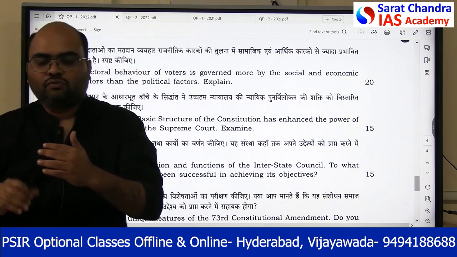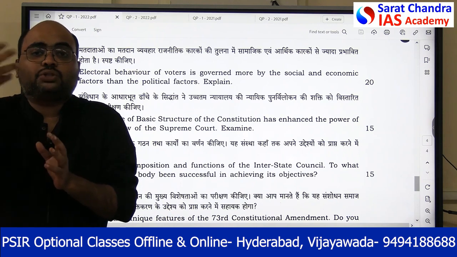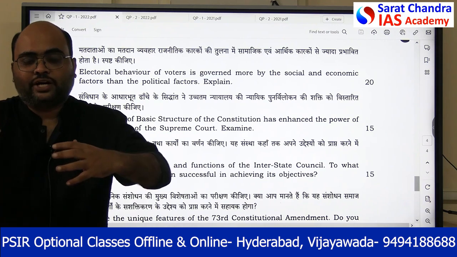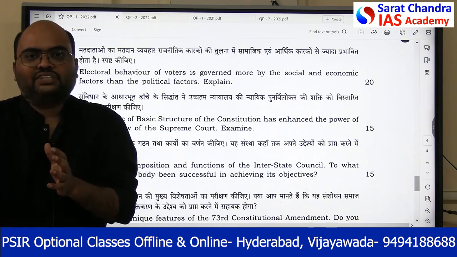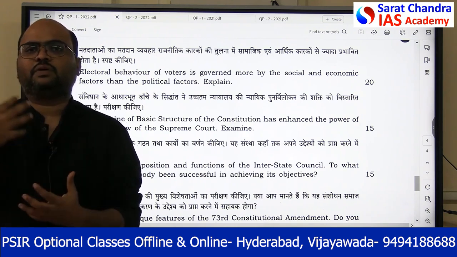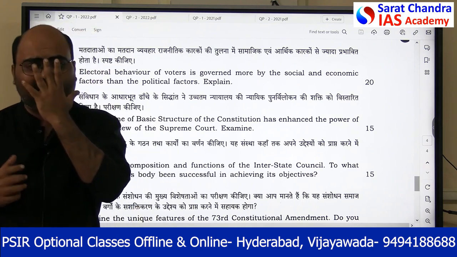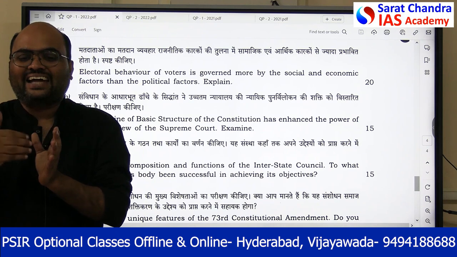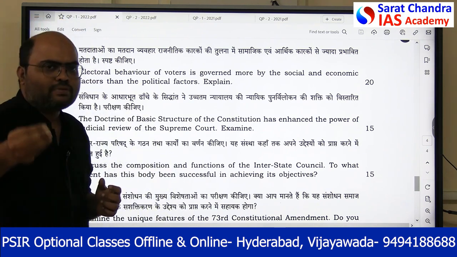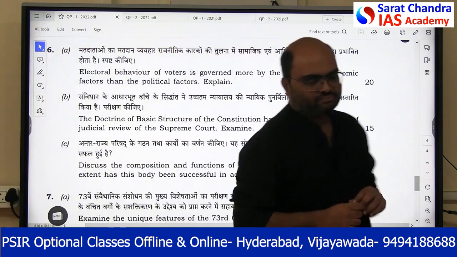For example, what is their status in society, how they can better their social status, and how their financial conditions are shaped. These influence voters more than political factors. Which person is in which political party, what they are saying, what their manifestos are, more than that, what they actually feel in their everyday lives shapes their behavior. That is common sense.